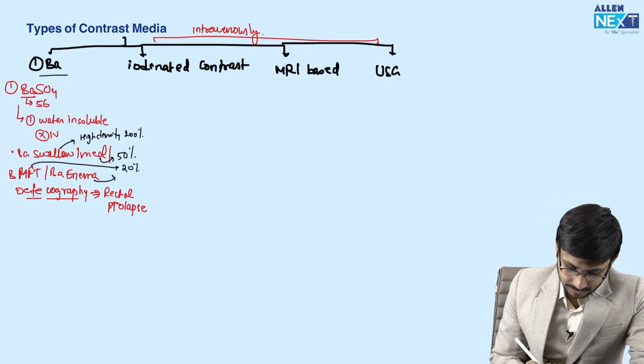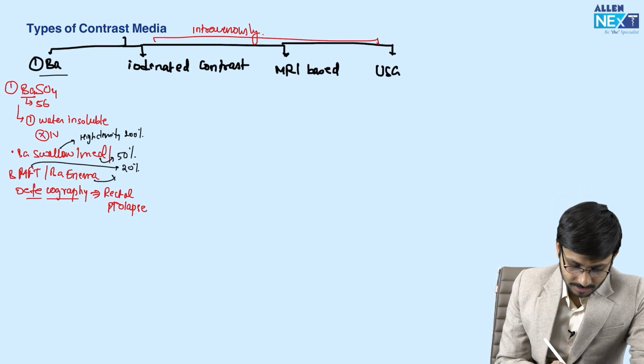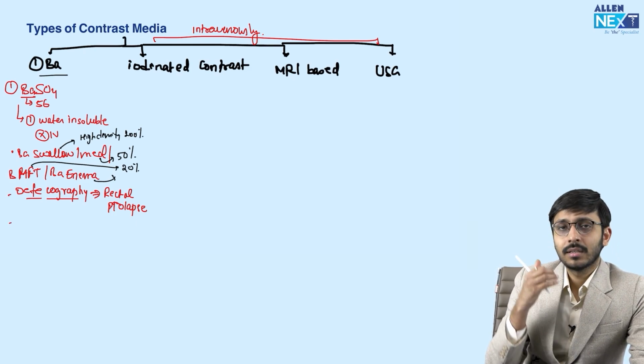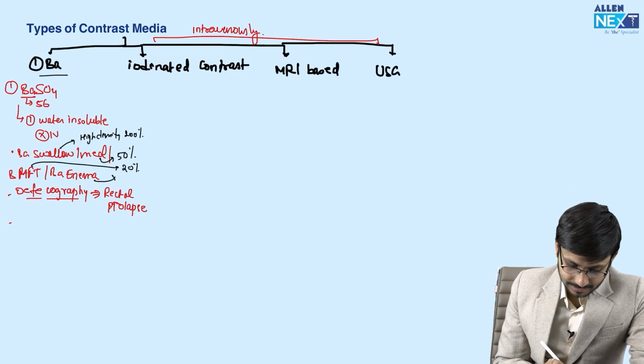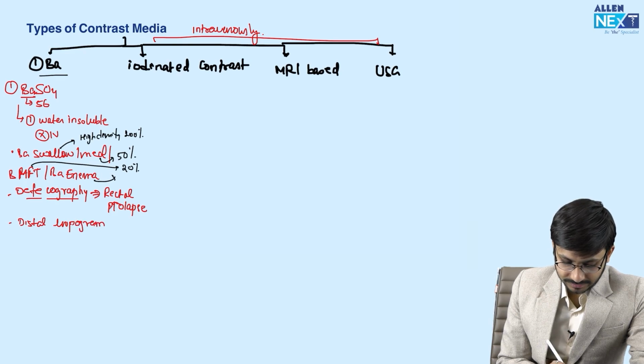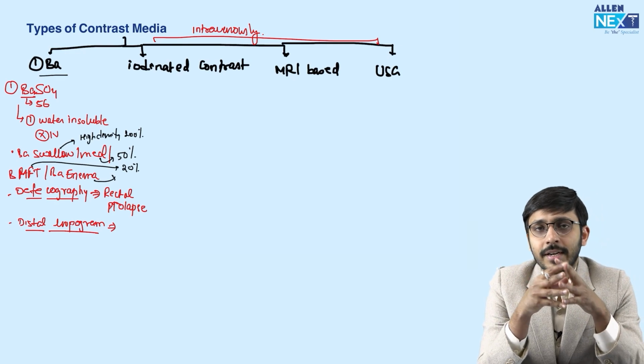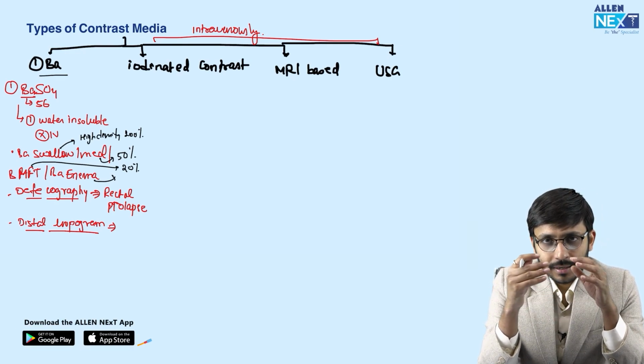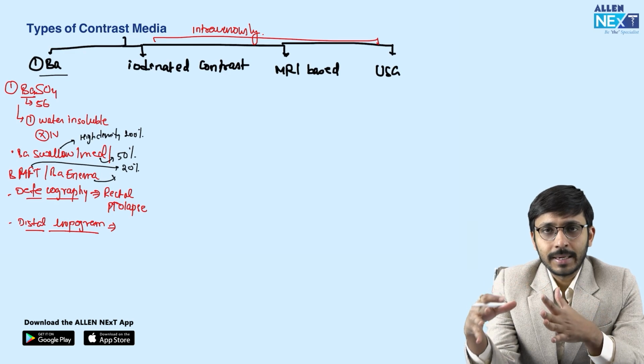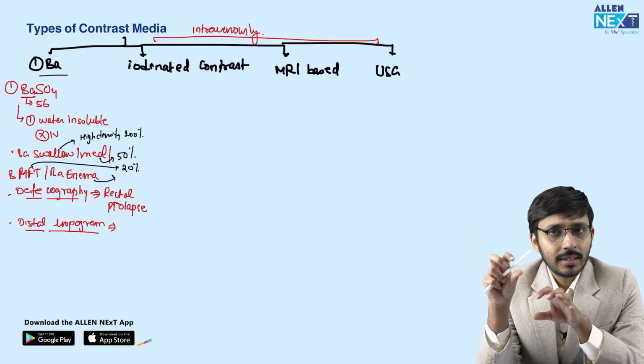Now, there is another study which uses barium apart from defecography and the GI barium studies, that is distal loopogram. So what is distal loopogram? This is in cases of perforation peritonitis, when an ileostomy or a double barrel ileostomy and a distal mucous fistula is made.